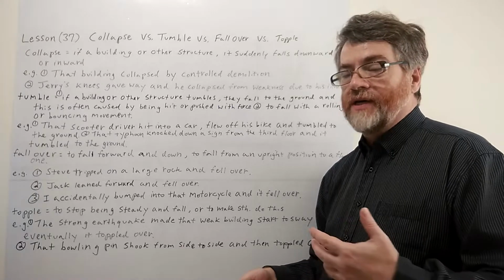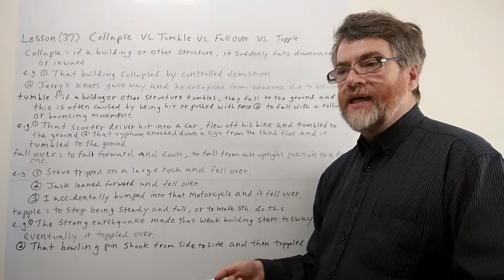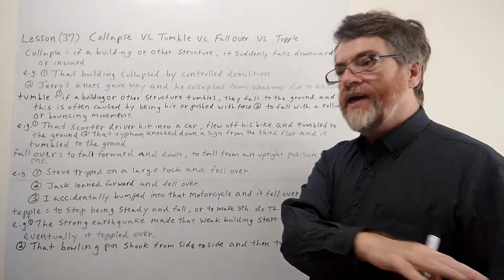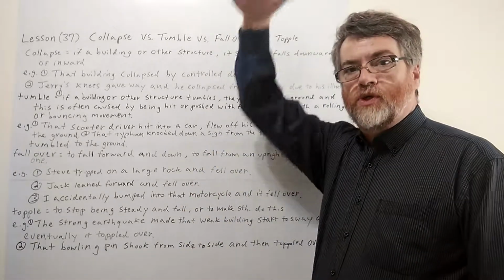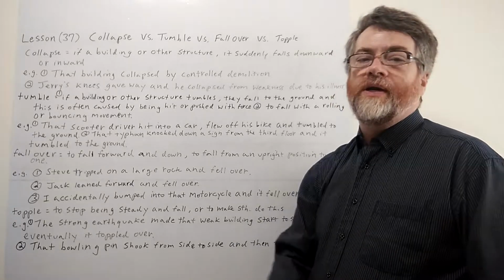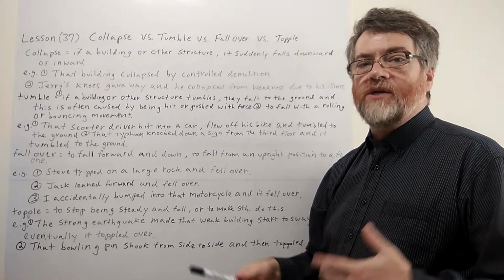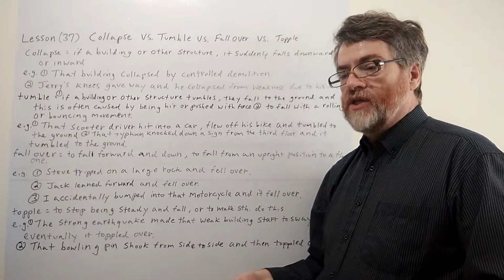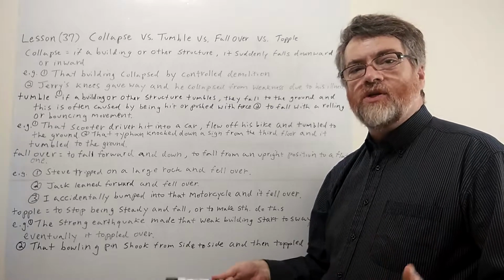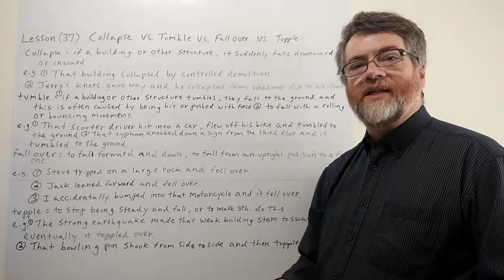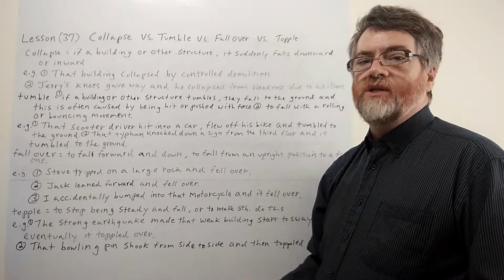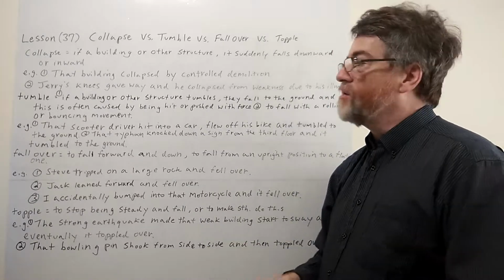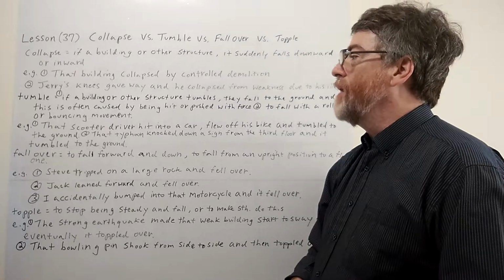They put a lot of explosives in it, and it doesn't fall over this way, or shake or anything else. When they set off the explosion, it goes straight down. So we're a little more likely to use collapse in that sort of situation. Or if some structure was weak and the foundation is finally giving way and it just goes straight down, we usually use the term collapse.